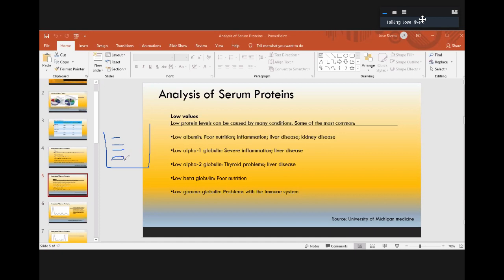One of them is albumin, which will show up here at the bottom, and the proteins are moving in this direction. Another could be IgGs. It could be other things like transferrin.